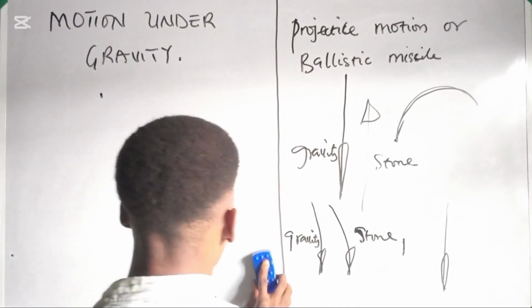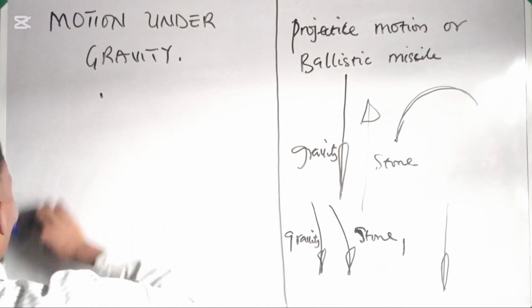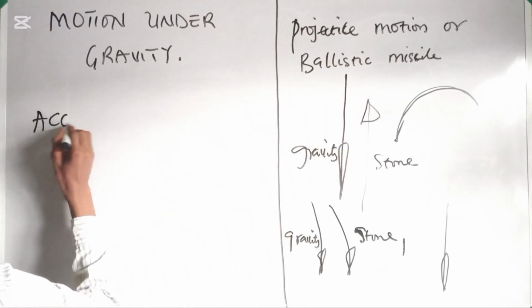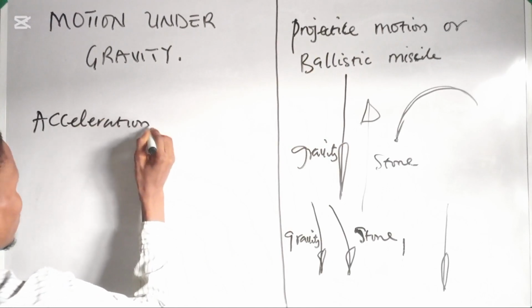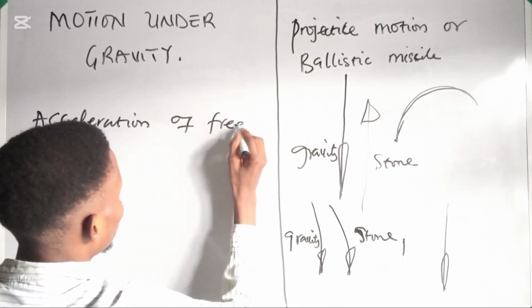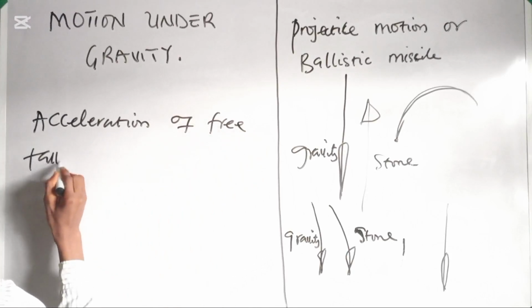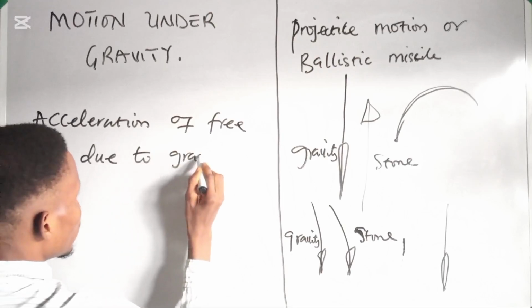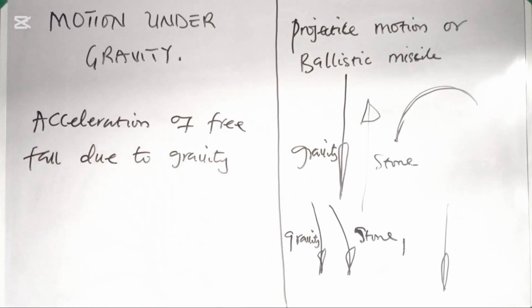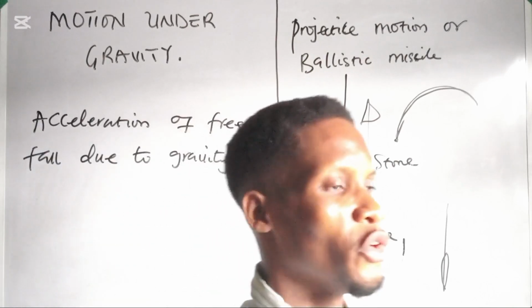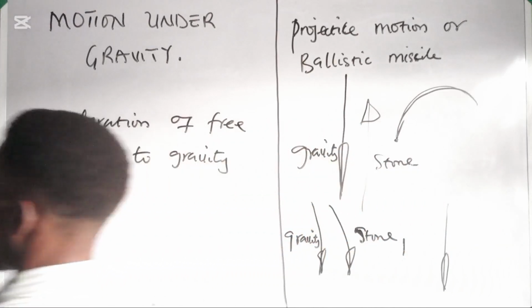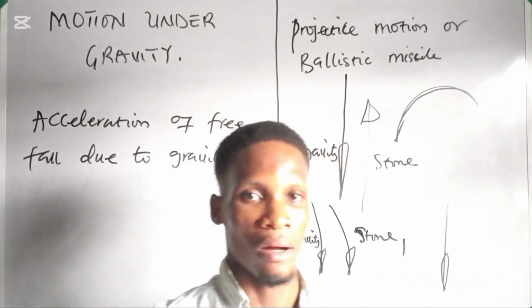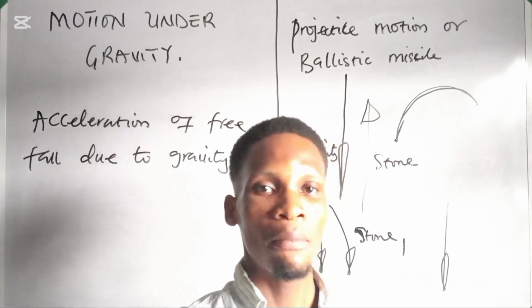So we're going to look at acceleration of free fall due to gravity. An object without a motive power of its own will be able to move.